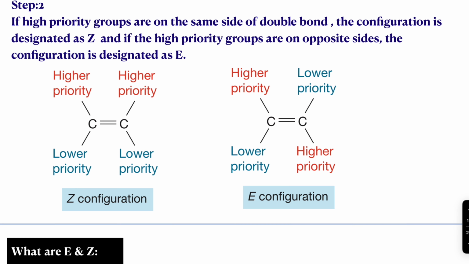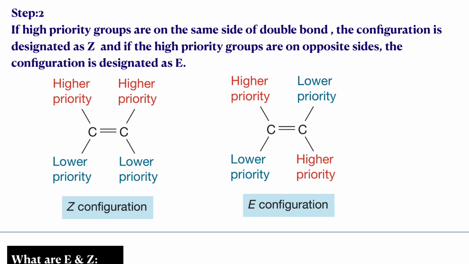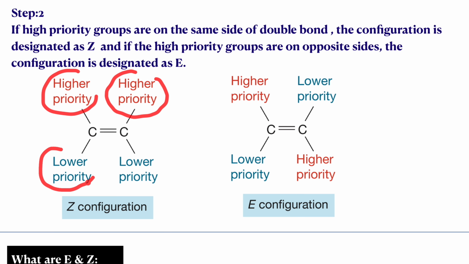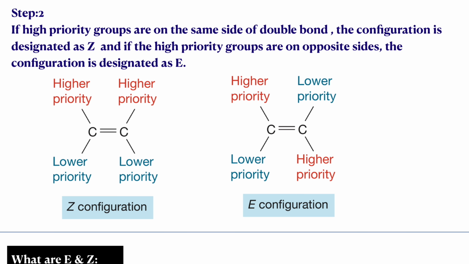This is step 1. After that, you check whether the high priority groups or low priority groups are on the same side. If high priority groups are on the same side, by default low priority groups are also on the same side. In that situation, that particular alkene is said to possess Z configuration. If high priority groups are on opposite sides, by default low priority groups are also on opposite sides.